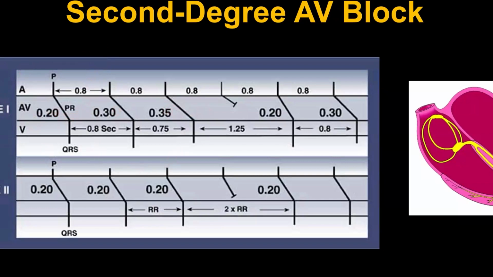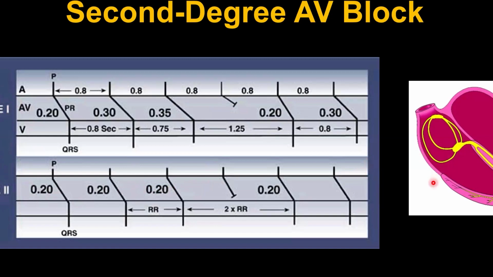Then in the 1920s, Dr. Mobitz recognized that there was a different kind of second degree AV block where the PR intervals didn't change, 20, 20, 20, drop beat. So this is Mobitz 2. This is called Mobitz 1 or Wenckebach.